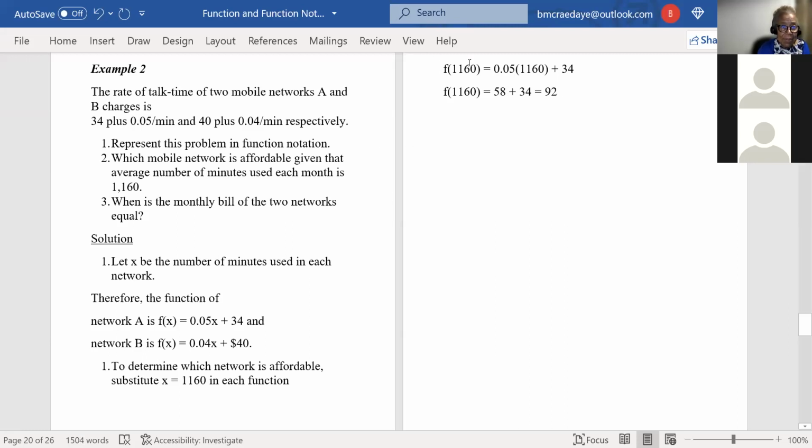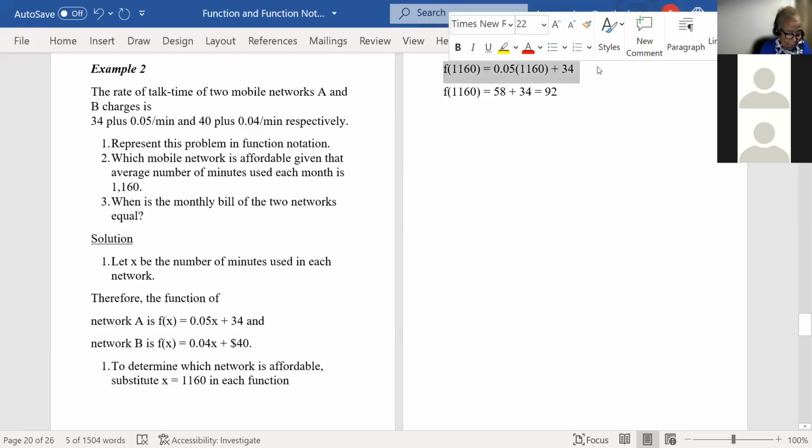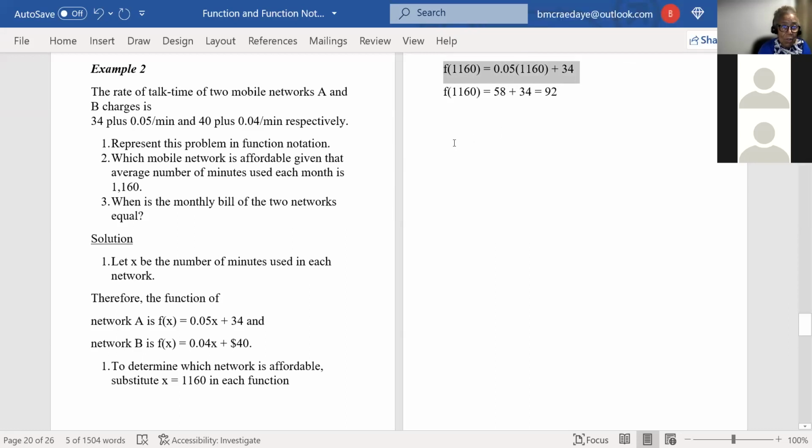Okay, and then let's take the other one. Let's copy this one over. So that would be 0.04, for the second network, 0.04 times 1160 plus 40. And 0.04 times 1160, let's see, you got what? 46.4. Yeah.